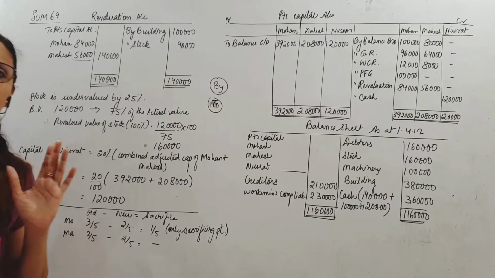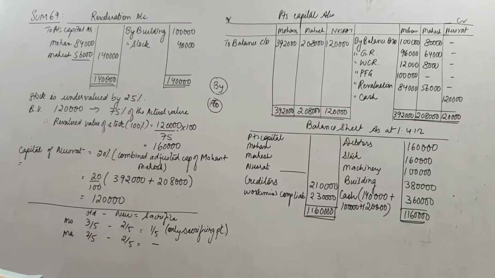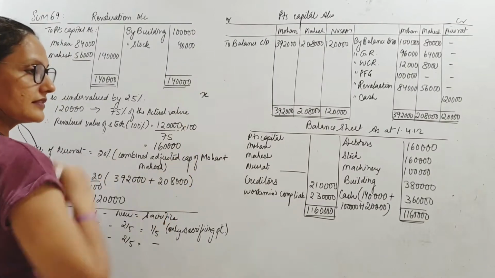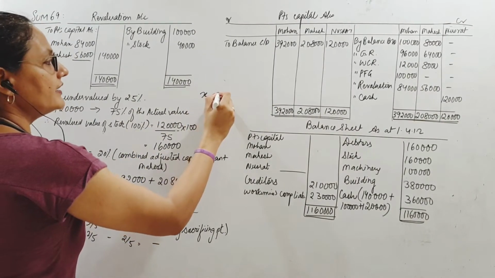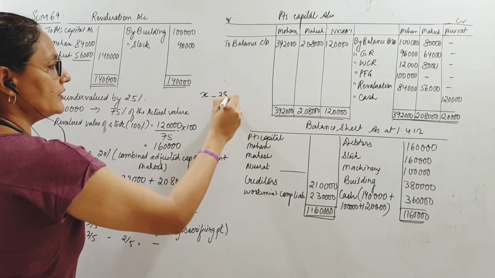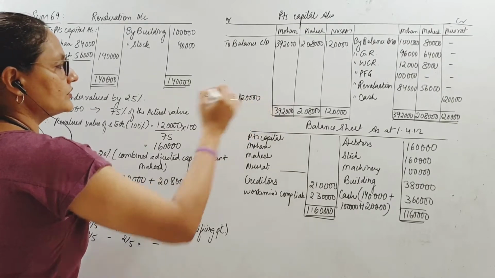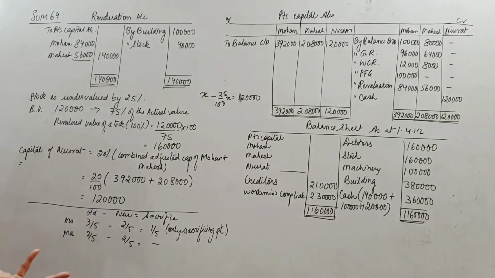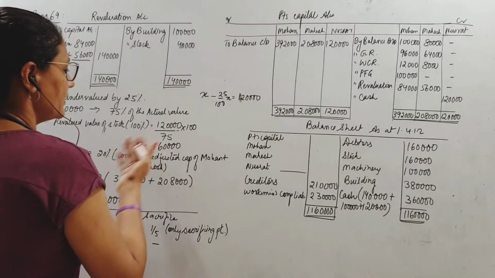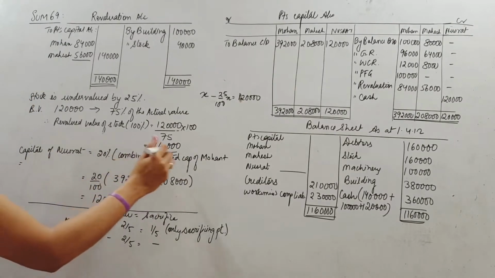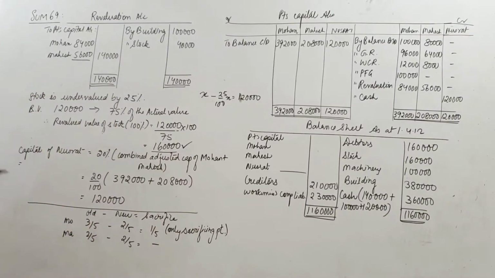You can also do this by taking x: let the correct value of stock be x. If I reduce 25% of x, I will get 1,20,000. Then you solve for x. Clear? Same thing, you will get 1,60,000. This is the actual value of stock.